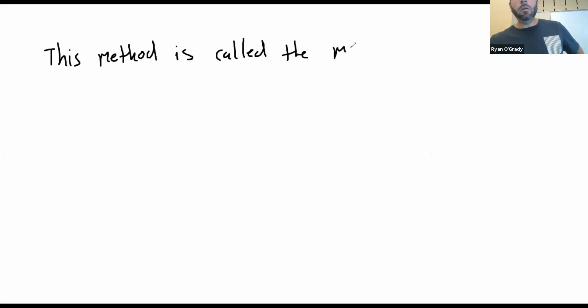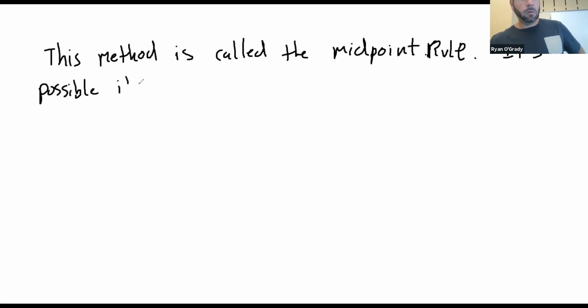So this method, which we touched on briefly in Calc 1, is called the midpoint rule. Now, it's possible it's quote unquote better.